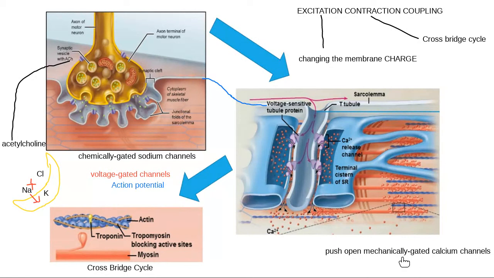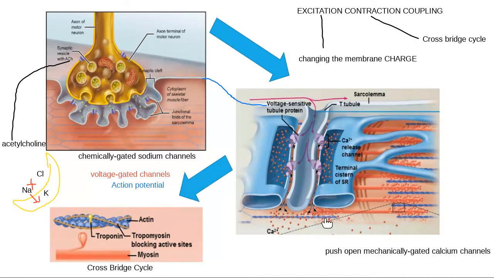To get these channels pushed open, I use a protein that changes its shape when the charge is different. So what pushes on these calcium channels is this protein that lives in the membrane of the T-tubule. It changes its shape and pushes open the calcium release channel. When I push that channel open, out goes my calcium.